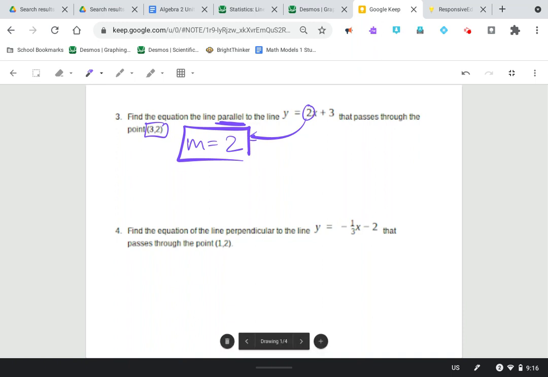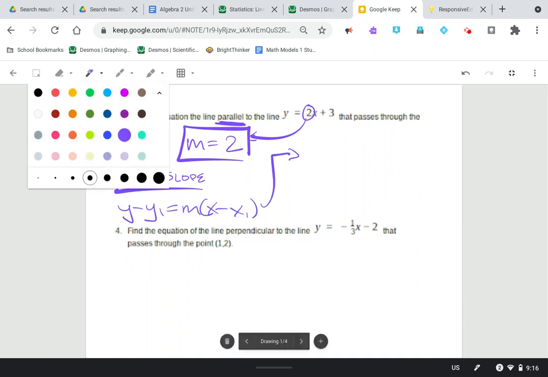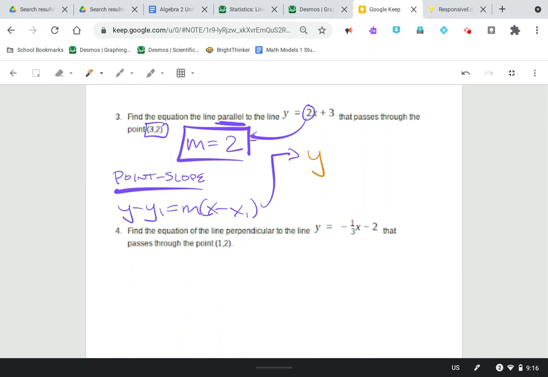So when we have the point and a slope, we can use the point-slope equation, which is y minus y1 equals m times x minus x1. So when I do that with what I have here, I get y minus y1, which is 2, equals, and then my slope is 2, parentheses, x minus x1, which is 3, and then I work this out.